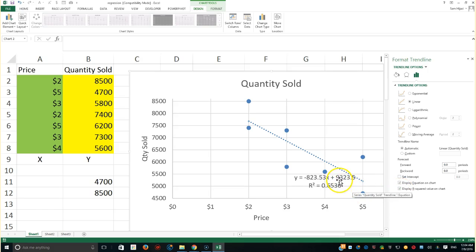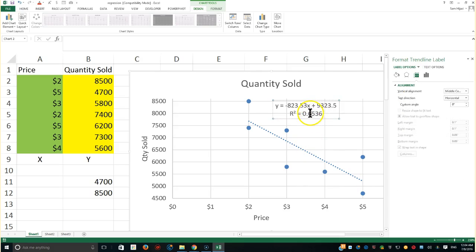I'm going to get the equation of the chart, which gives so much information about what's going on, and the R squared. The R squared is the correlation between the two variables. Its meaningful value is 0.65, so it's not really bad, but it's not as strong as it would be if it was 0.9, or of course the perfect one would be 1.